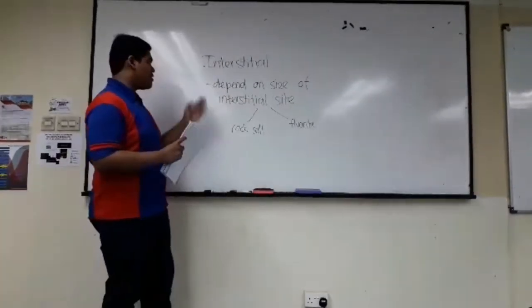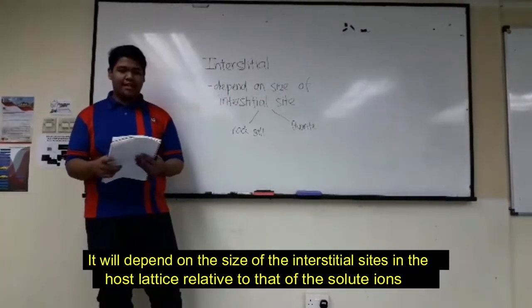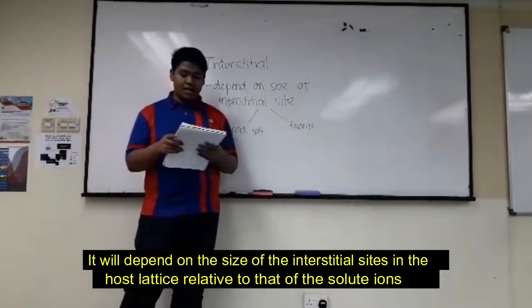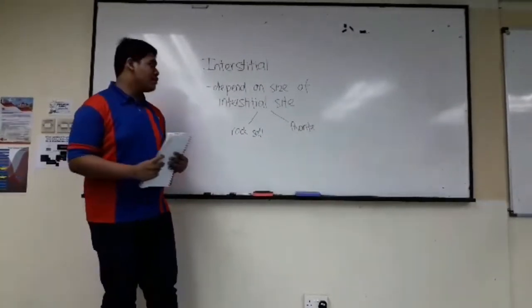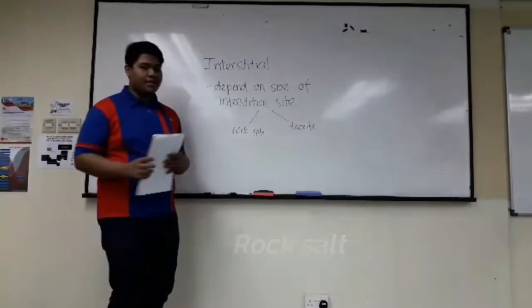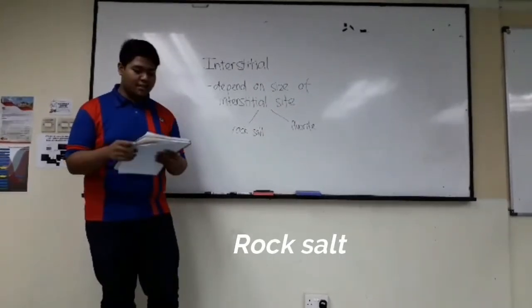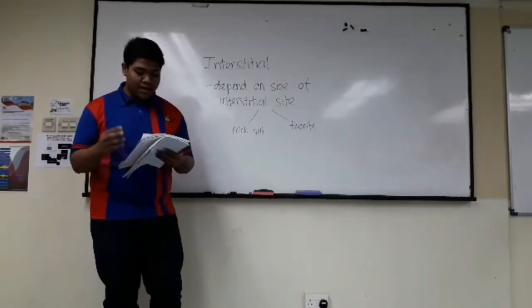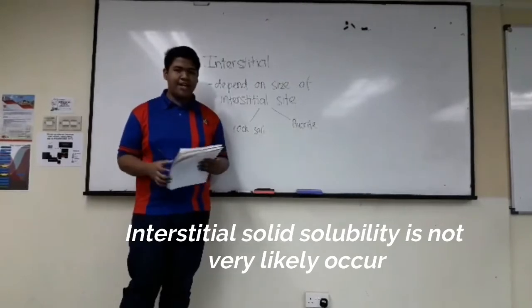For interstitial solid solution to occur, it depends on the size of the interstitial site on the host lattice relative to that solid ion. For example, take rock salt. Rock salt has a very close-packed structure, so interstitial solid solubility is not likely to occur.